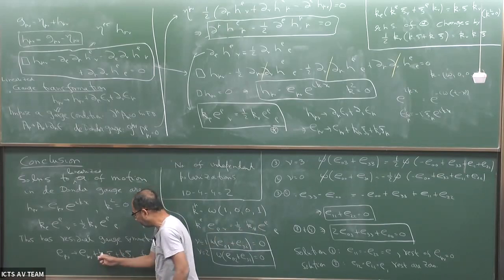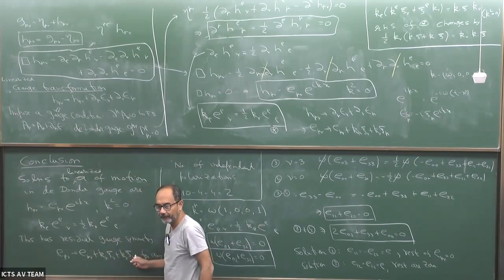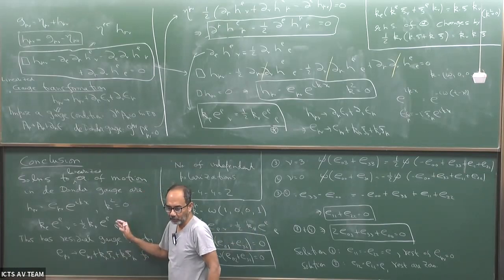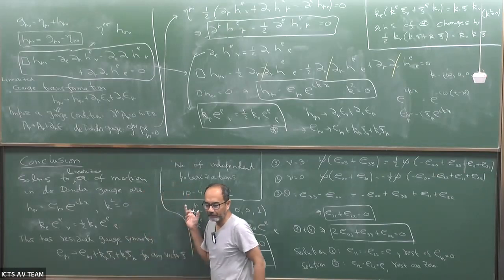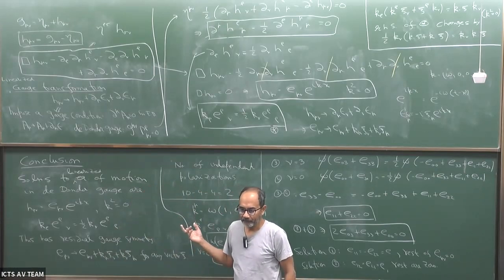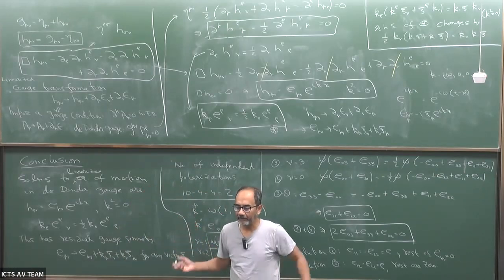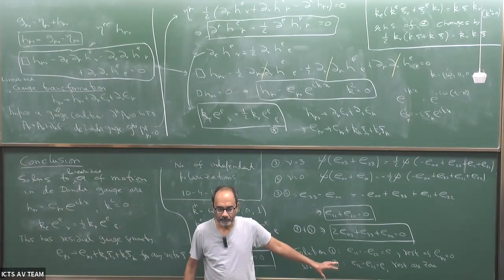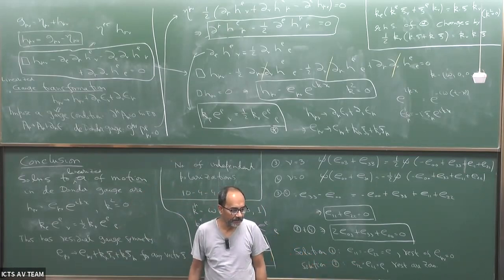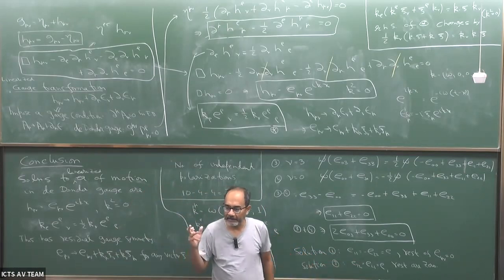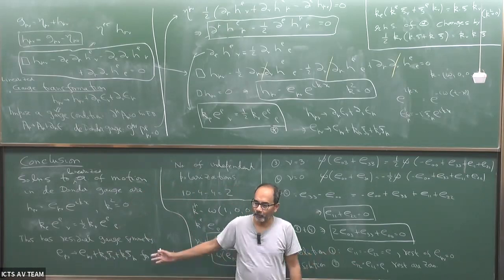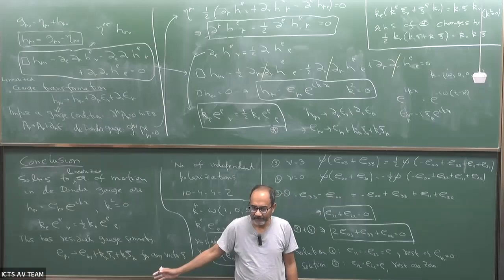So anything of the form k mu xi nu plus k nu xi mu will automatically give a solution to these equations. So there are 4 of those, and you have found 2 more. So those are the 6. Only thing you have to worry is whether these 2 are part of those 4. Then you have not found everything.